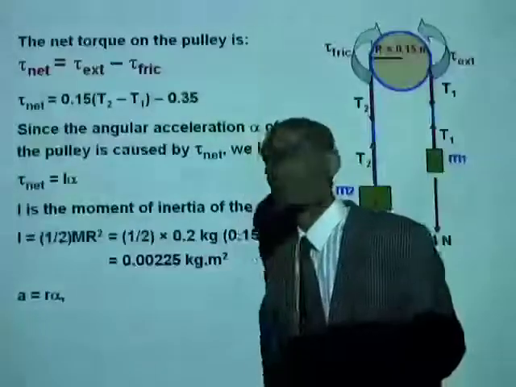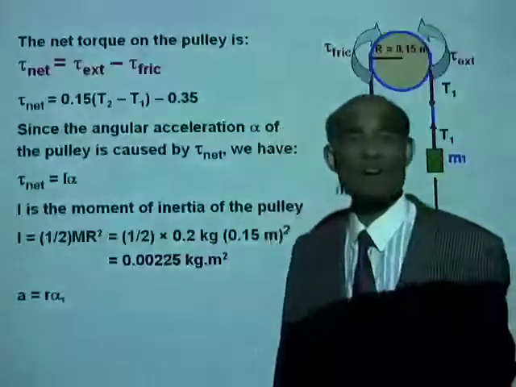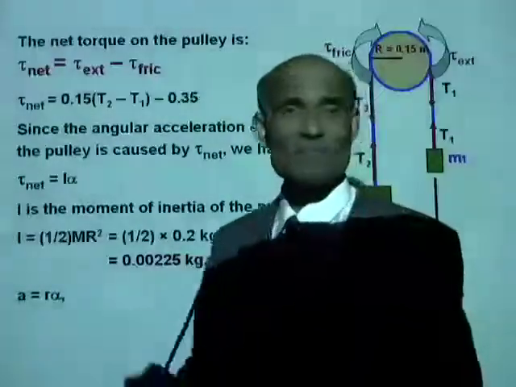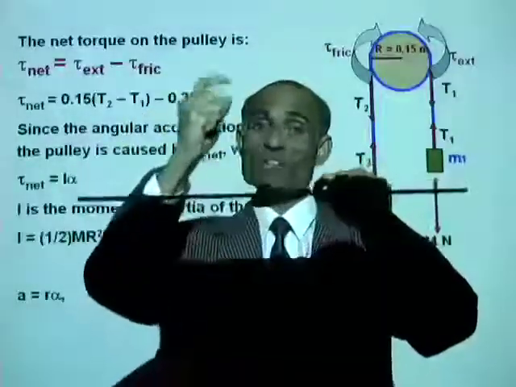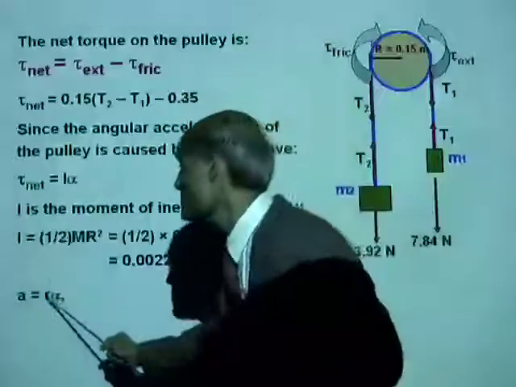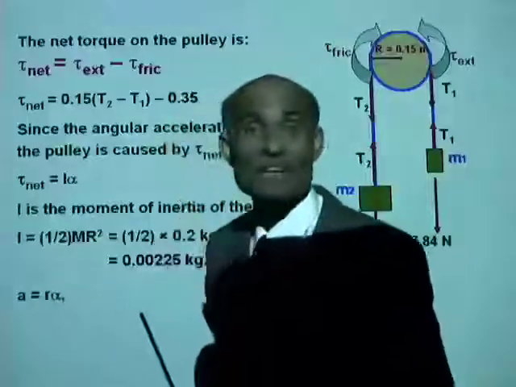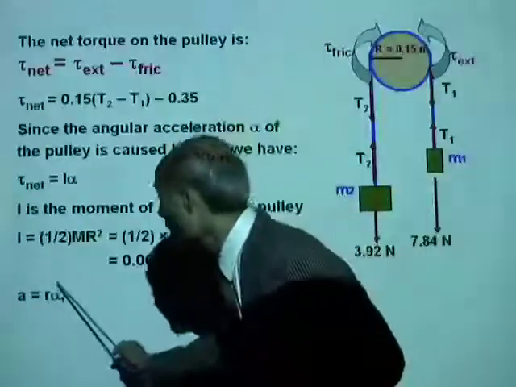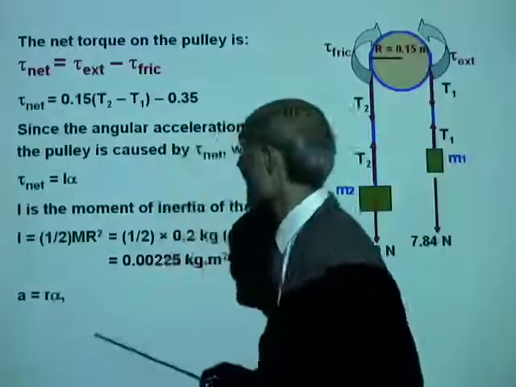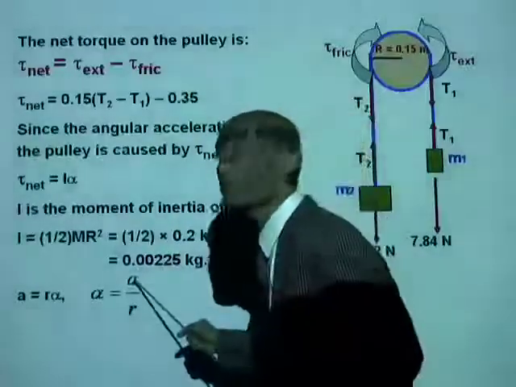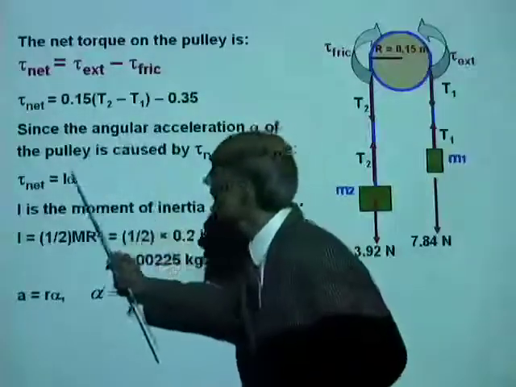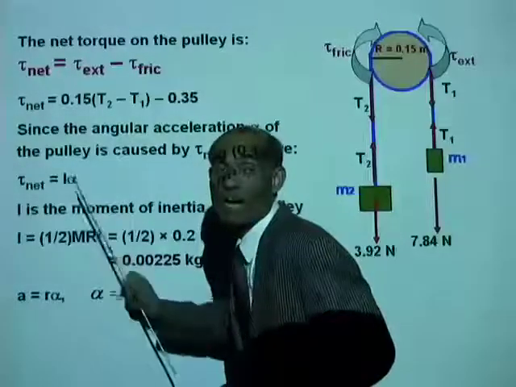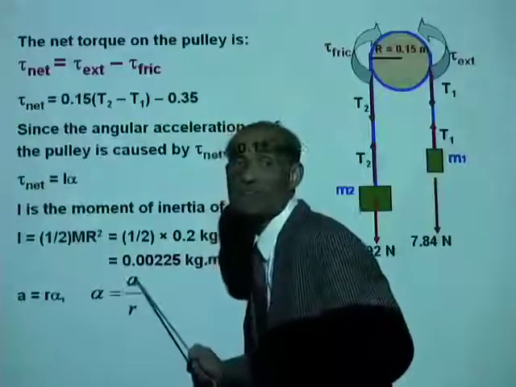And you know that a equals r alpha, isn't it? A point on the disk will have a tangential acceleration a, which is equal to r times the angular acceleration. Therefore, we can now find alpha in terms of a.